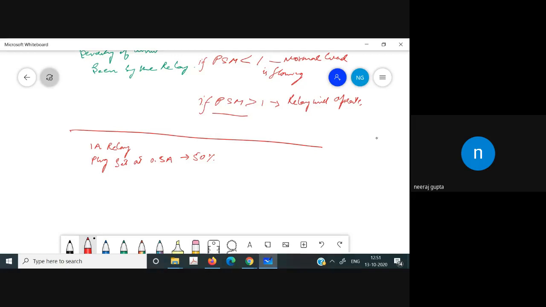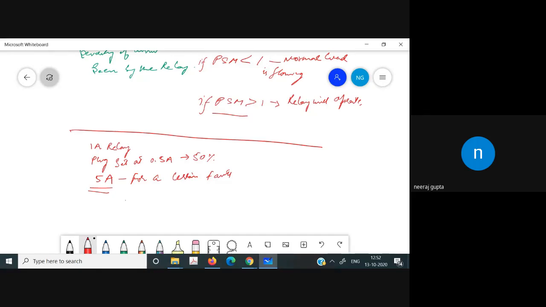And for a certain fault, let us suppose that the relay current is 5 ampere. The current that is flowing is 5 ampere.